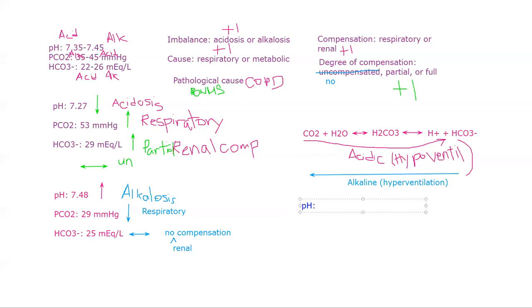Okay, so this is going to be 7.41. My PCO2 is going to be, let's make it 28. Oh no, that's not going to work. Let's make it 49.